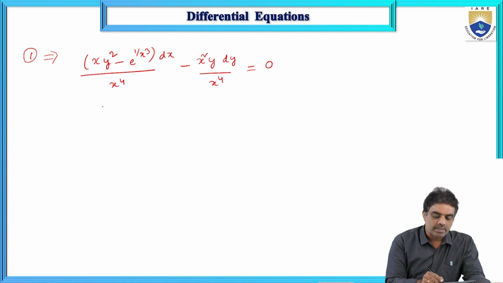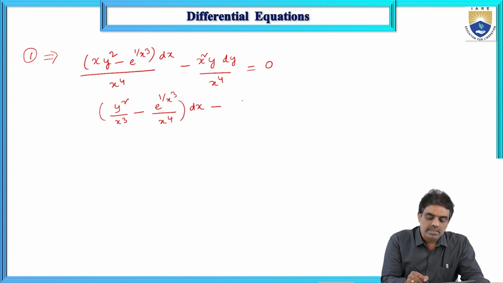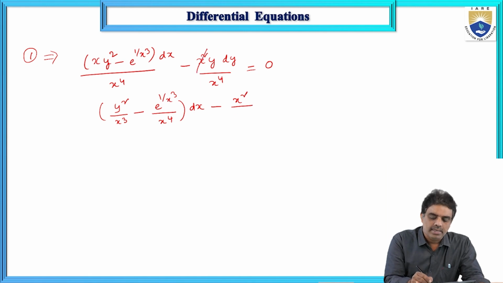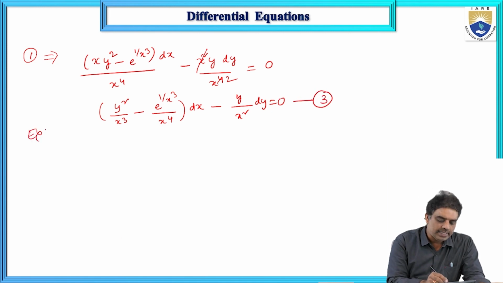Writing into separate terms, we get y²/x³ as the first term. Second term, e^(1/x³)/x⁴ dx. And third term, x² by x² cancels, and you get y/x² dy = 0. Call this equation 3.